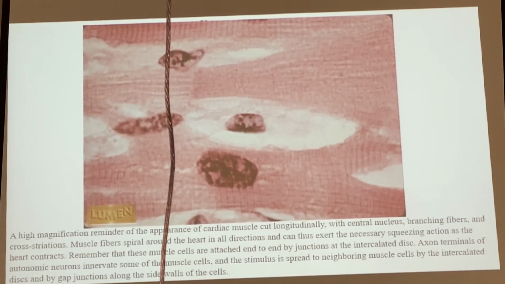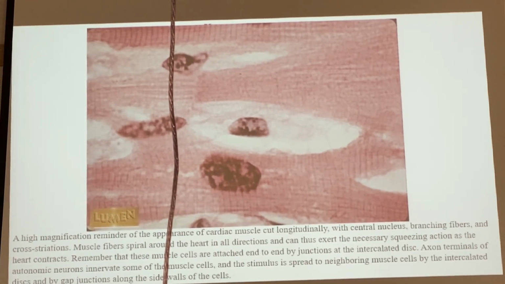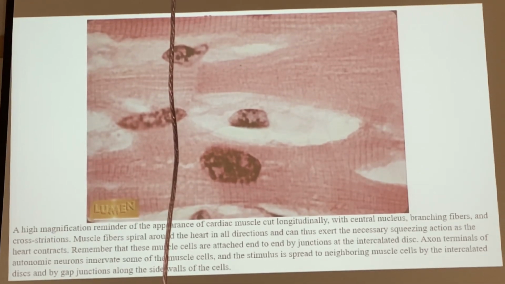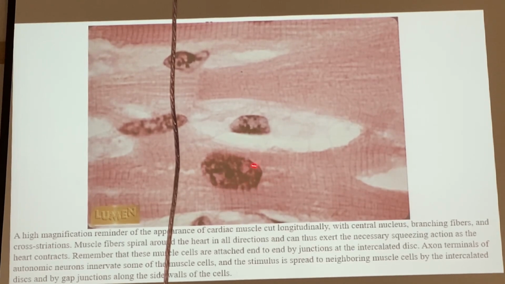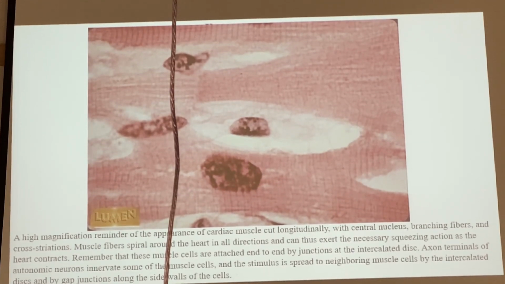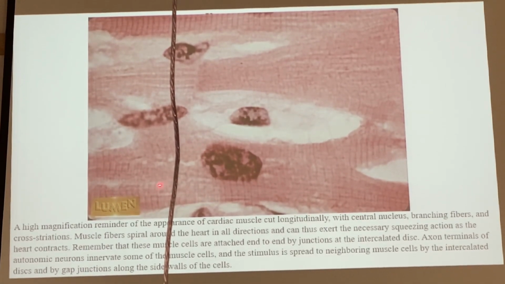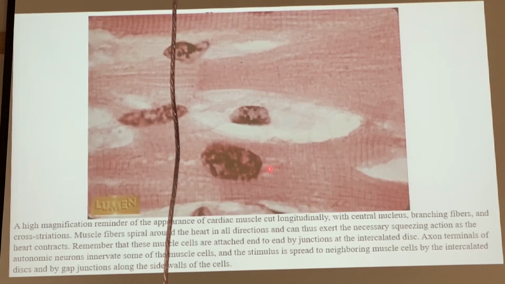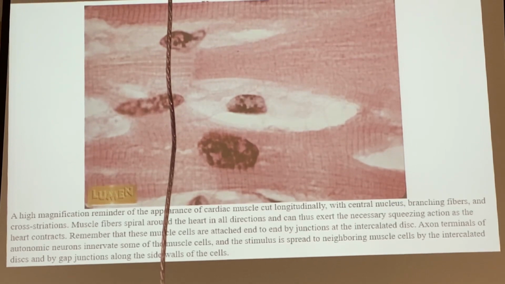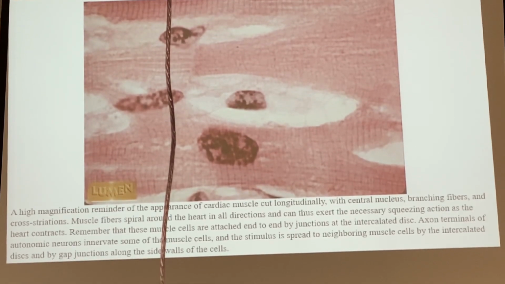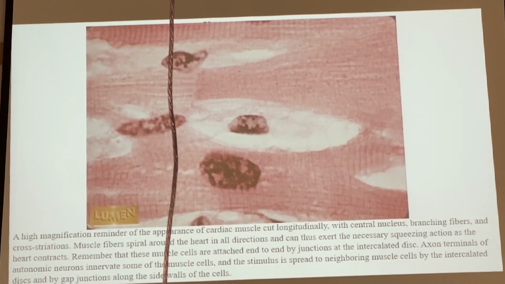Now, yesterday you have seen this section, and this is a magnified section, high power. The characteristic feature is very clear: the nucleus is large and located centrally, and the area surrounding the nucleus is darkly stained because of the presence of more myofibrils in this area.